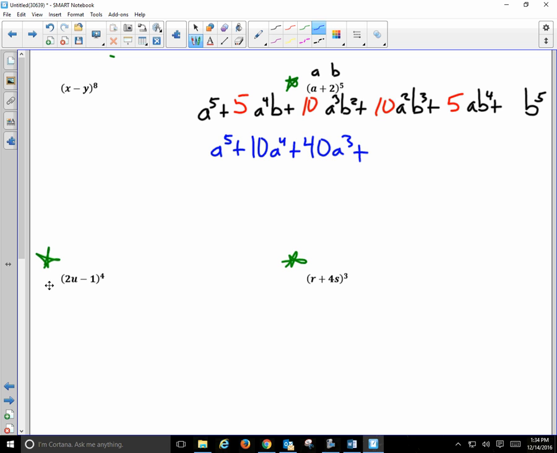And then 80A squared. Plus 80A, and then 2 to the fifth is 32. Expansion done. Saves time, right?